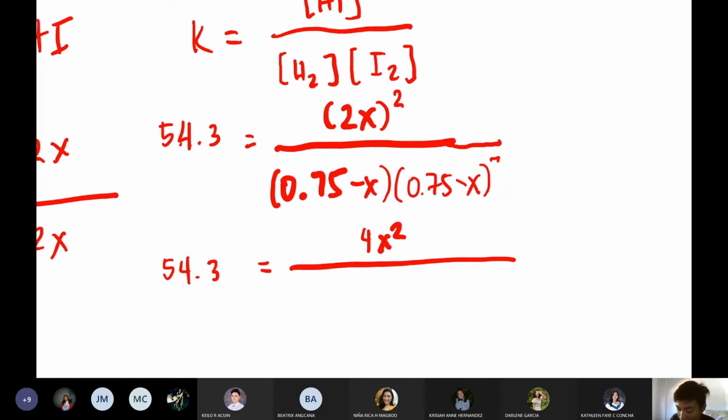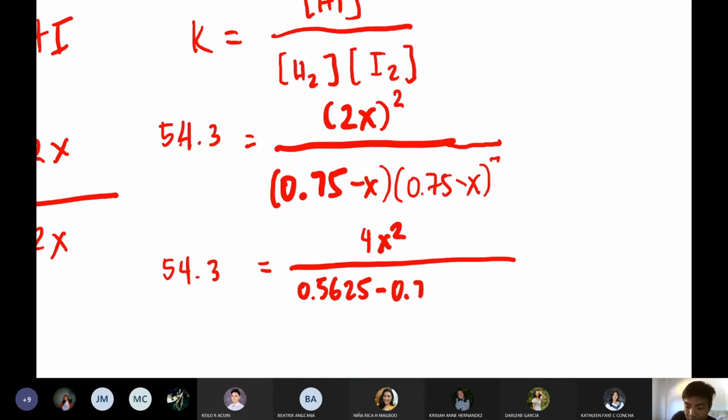It's 0.75 times 0.75. That is 0.5625. Okay, so that's the product of our first terms, outer terms, inner terms. Okay, so you multiply this with this.